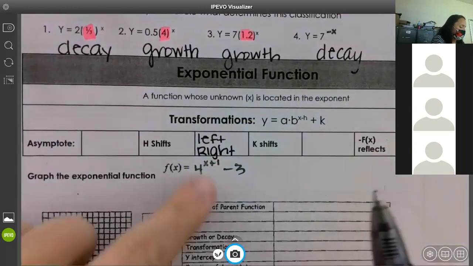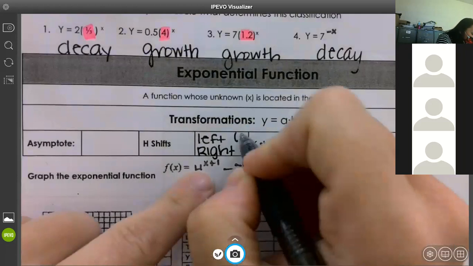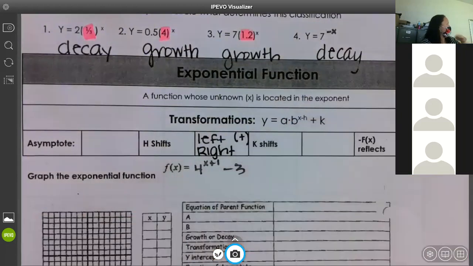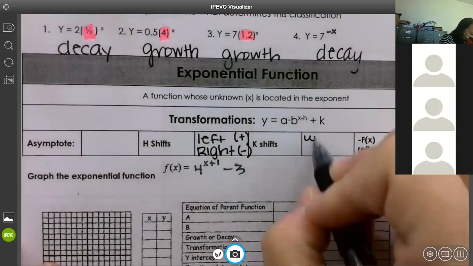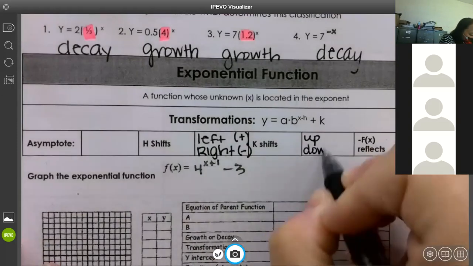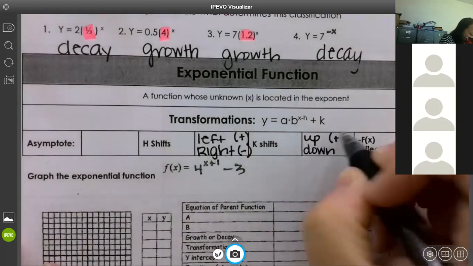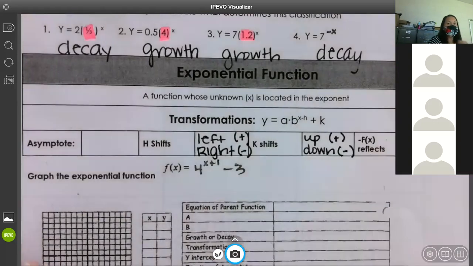If that x is positive, we pull it outside and it becomes negative, and a right shift is going to be a negative with the x. Don't get too lost on that. It's the same exact thing we did in unit 1, so you already know what this is. K is the last one. It shifts up or down. If K is positive, it shifts up. If it's negative, it shifts down.